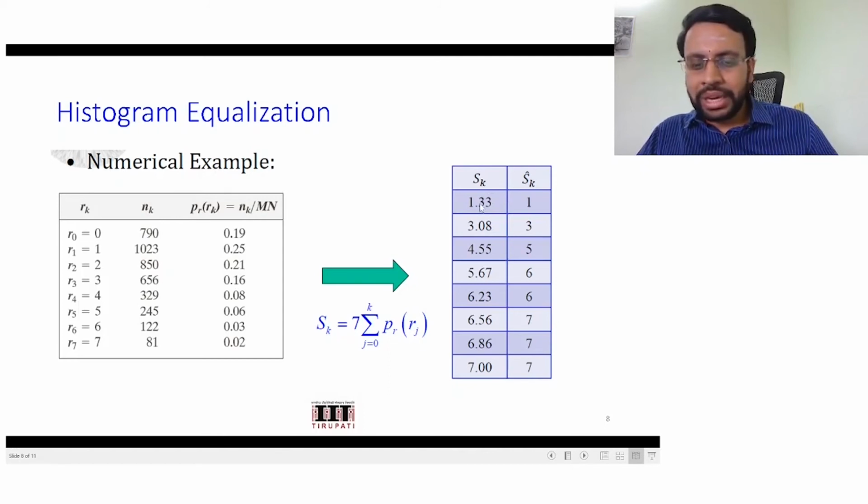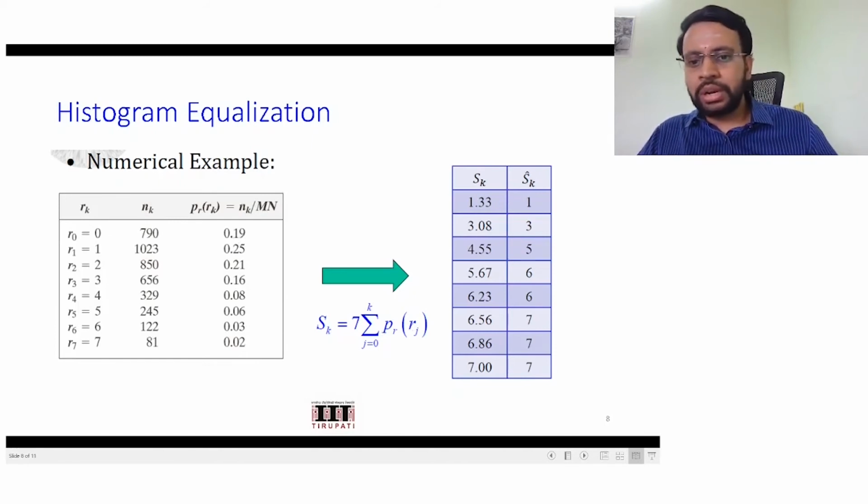You would compute the s value by L minus 1, which here is 7. Let's say I want to compute where 0 is getting mapped to. I take r equal to 0 and sum up probabilities till then, which is 0.19 here.